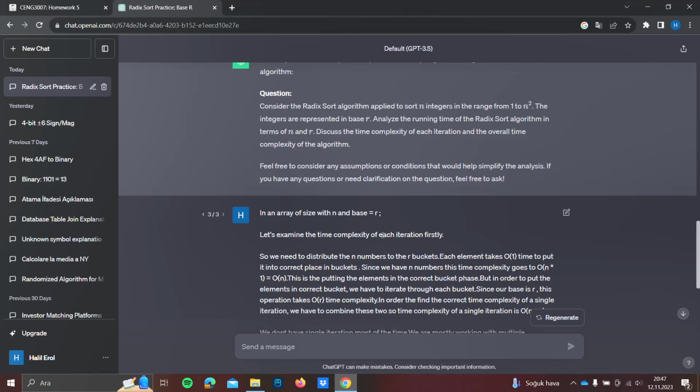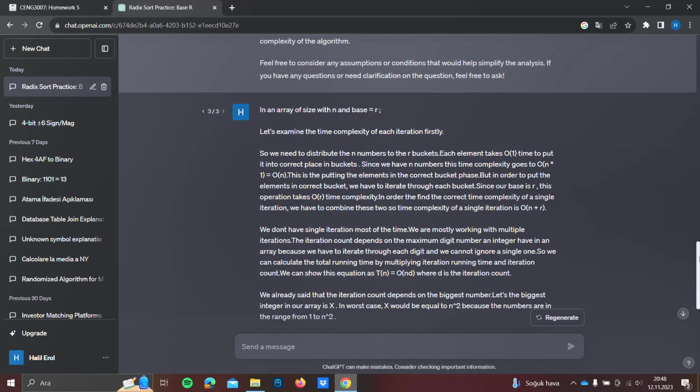In order to find the total time complexity, we have to calculate the complexity of each iteration. So we need to distribute the n numbers to the r buckets. Each element takes O(1) time to put into the correct place in the buckets. Why is it O(1)?